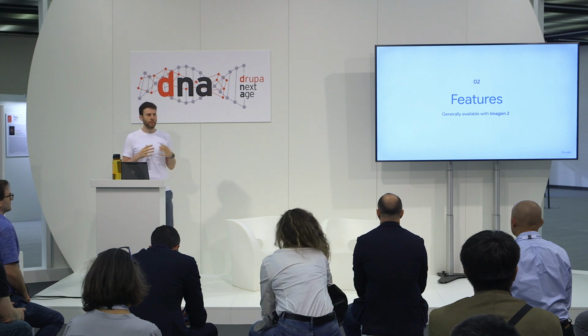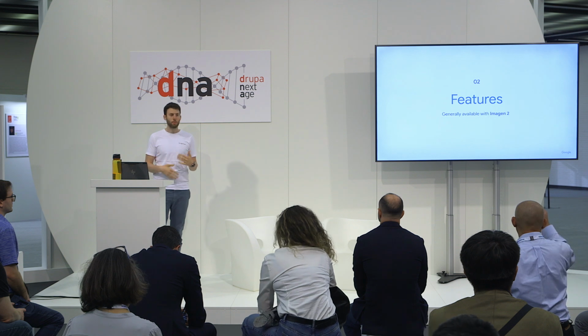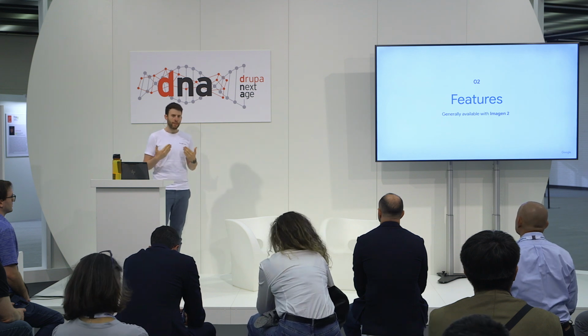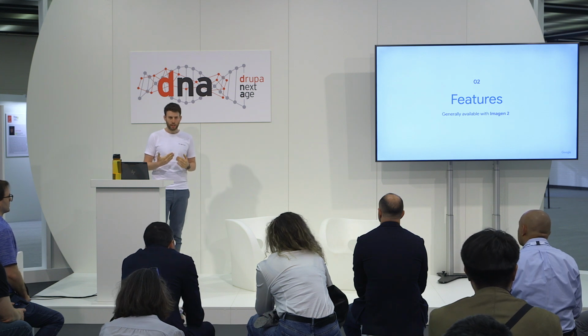So now I want to talk about some of the features which are there already today and also explain a little bit more on why that is relevant for different industries and what you can do with that. It's a nice thing that you can sit down in front of your computer and put in a prompt and it will generate that image for you. That's nice and it helps in a lot of use cases.